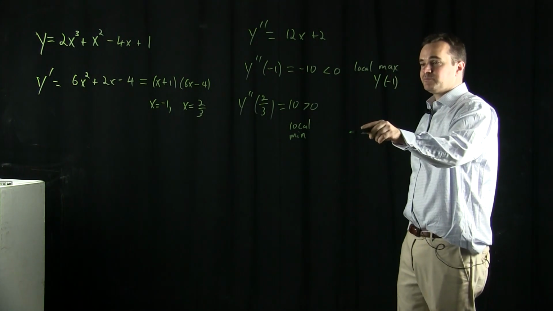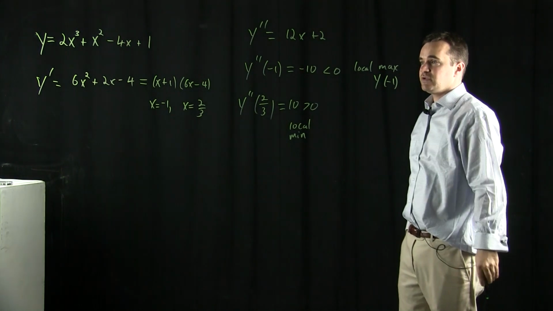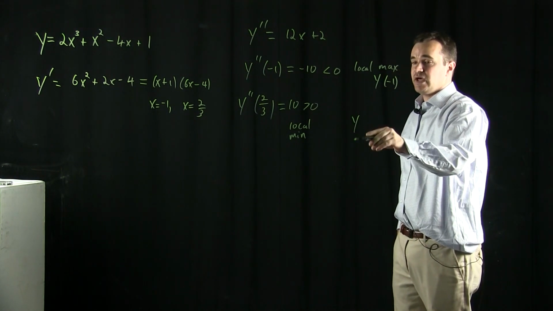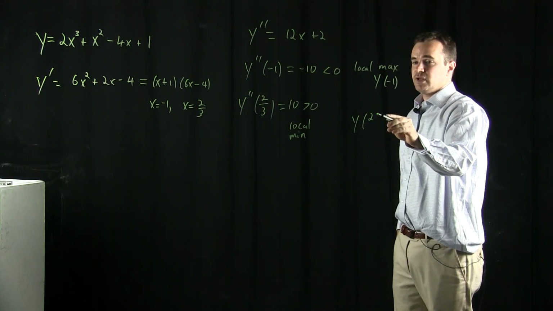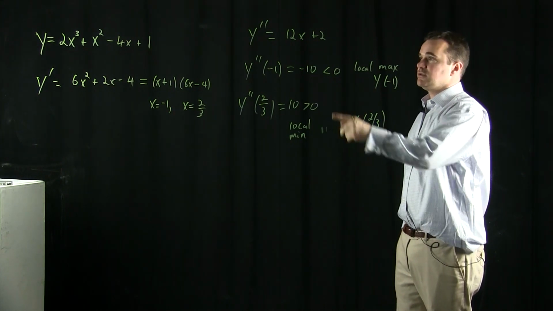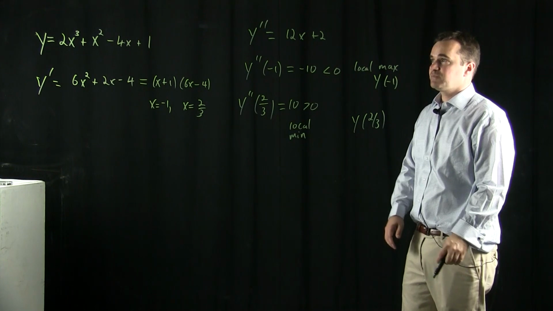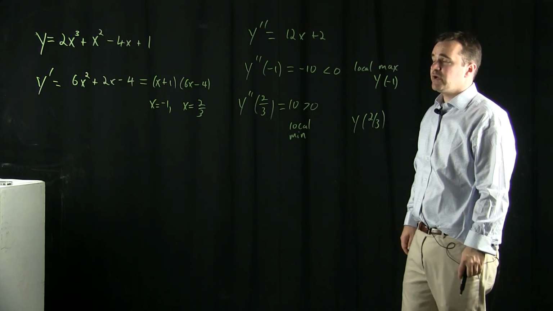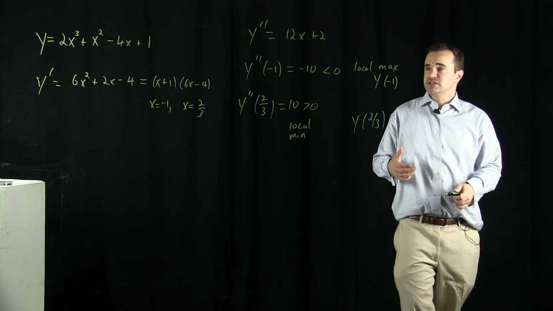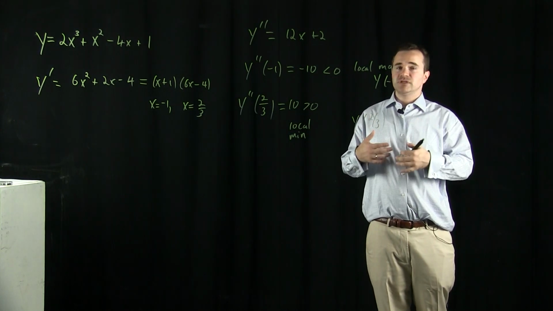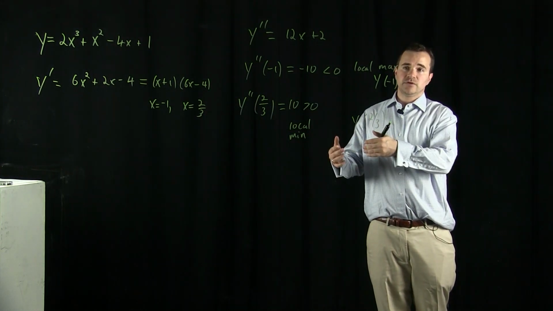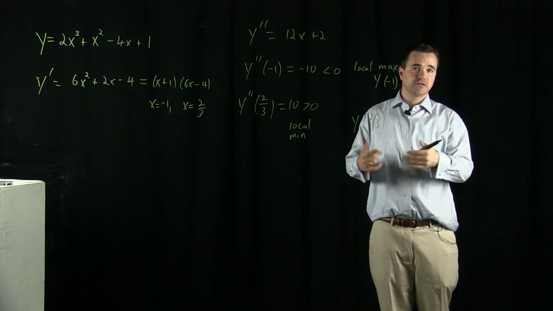And the local minimum occurs at the x value, x equals 2/3, and the actual local minimum, again, would be plugging 2/3 into that original equation, y equals 2x cubed plus x squared minus 4x plus 1. So this is an example of using that second derivative test to take your critical points and see whether each is a local max or local min.